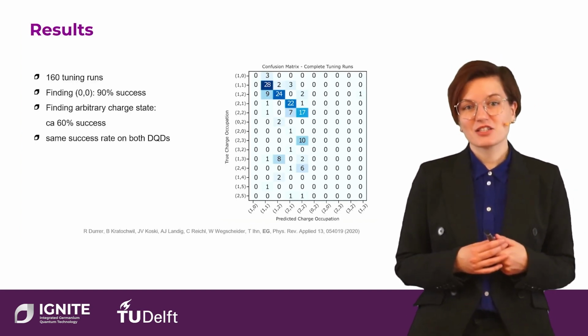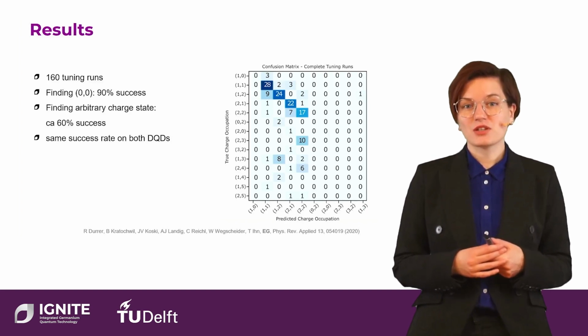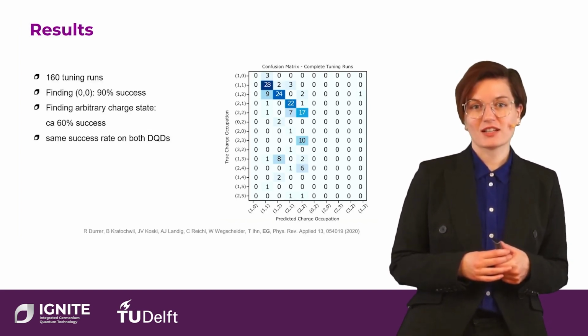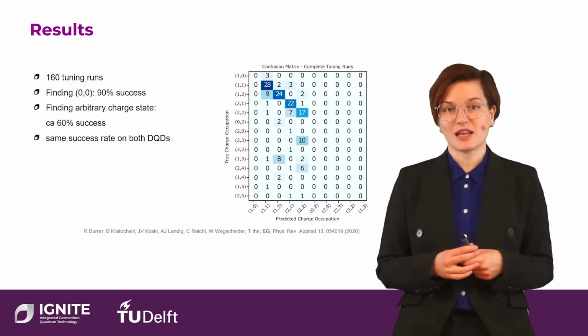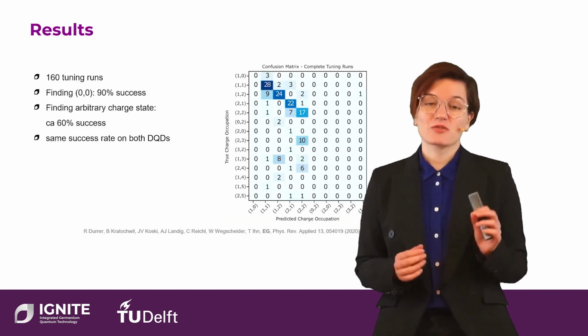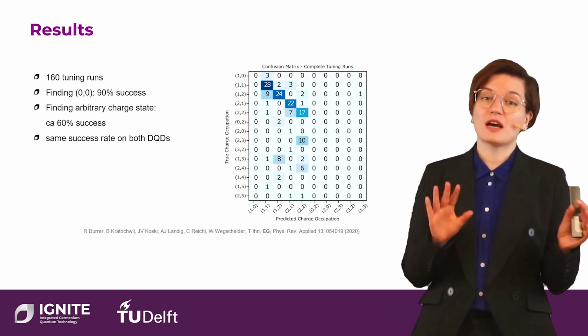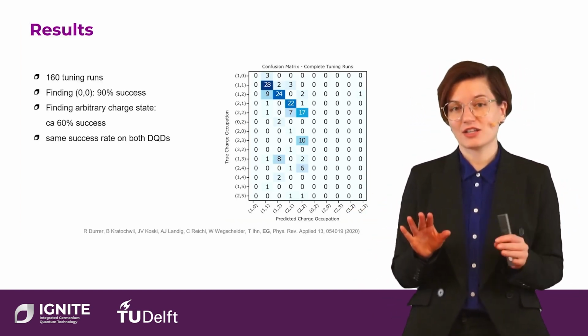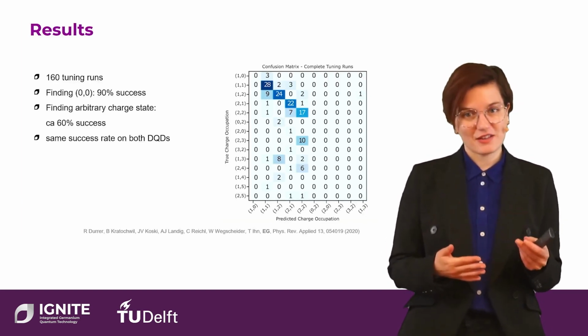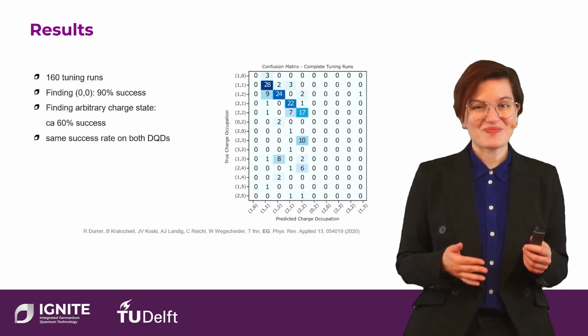In 160 tuning runs, we found 0, 0 with 90% success, and for an arbitrary charge state, we had about 60% success. The good news is, though, that this success was independent of which double quantum dot you ran the device on. So it really ended up being not dot specific and quite general.